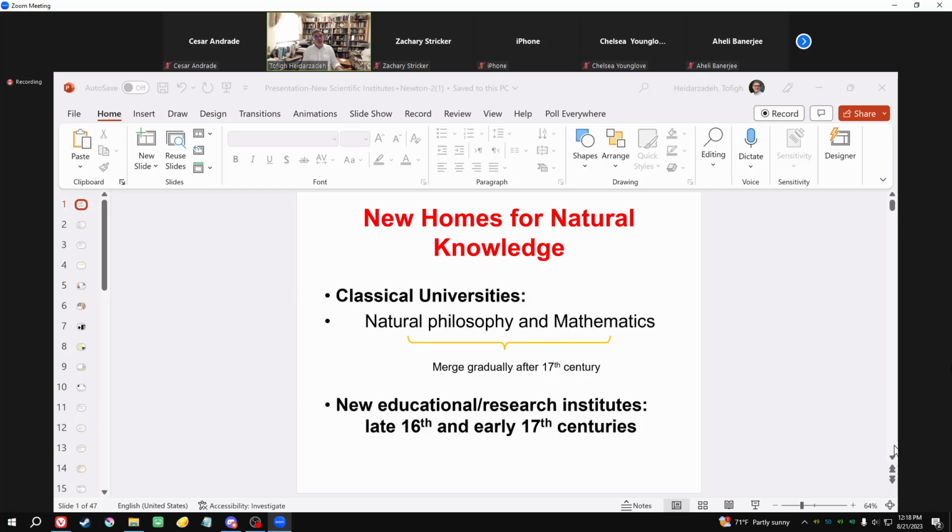You already wrote, some of you, about this in the first writing assignment. But day by day, these beyond-university activities increase. At the beginning, this activity was individual, personal. Okay, I had access to books, and in my own room or office, I started to learn about these things.